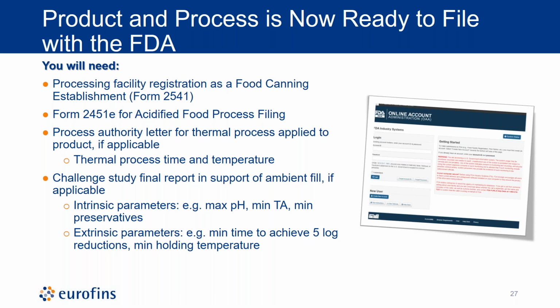So that would be the product maximum pH, minimum titratable acidity, minimum preservatives, etc., as well as the extrinsic parameters that are going to achieve that kill. So that would be the minimum time required to achieve 5 log reductions of all 3 of those pathogens, as well as the minimum holding temperature that you conducted the study at.